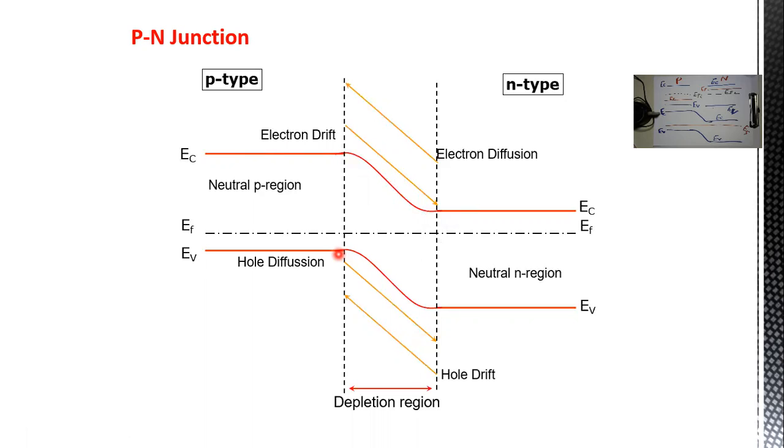I didn't connect any sort of battery. That's why we will call this, my dear students, a built-in potential. The word built-in potential means that you have an internal potential in the junction without having any external voltage source.